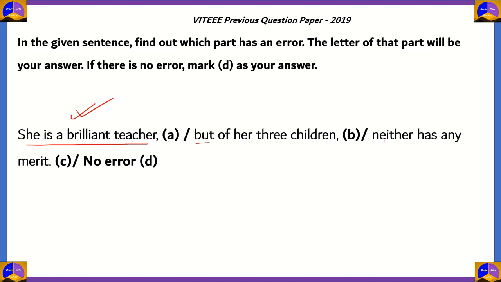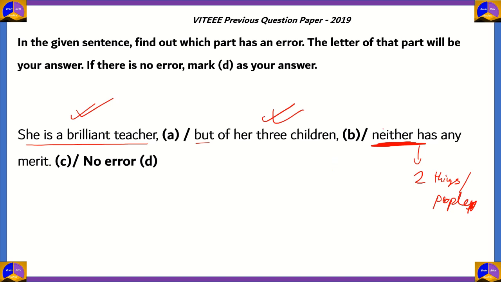Now, part C, neither has any merit. Now, the word neither is used for 2 things or people. Things, people, ideas, etc. So for 2 things or people, we use the word neither.